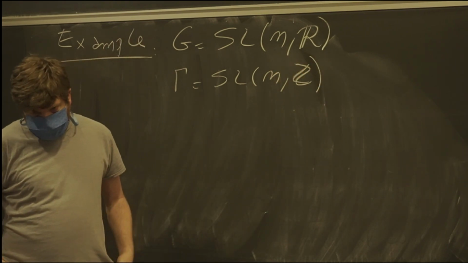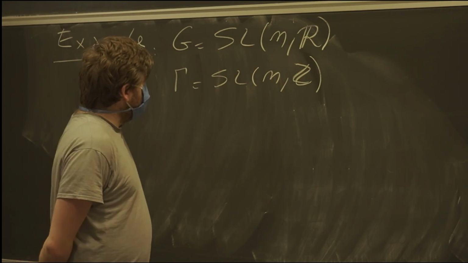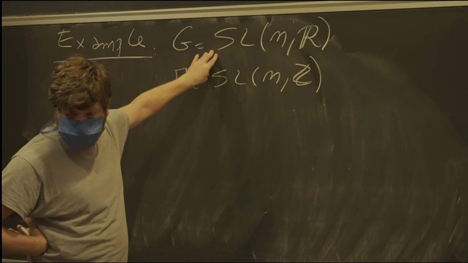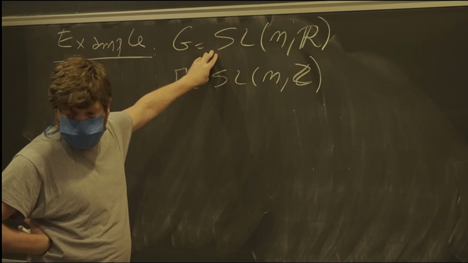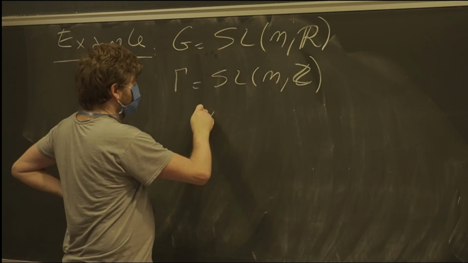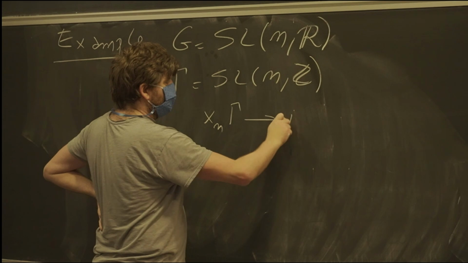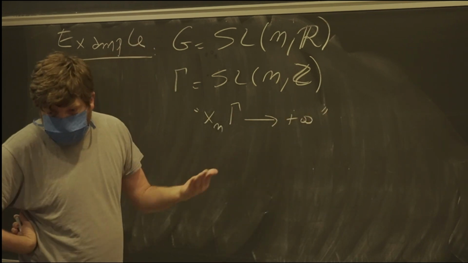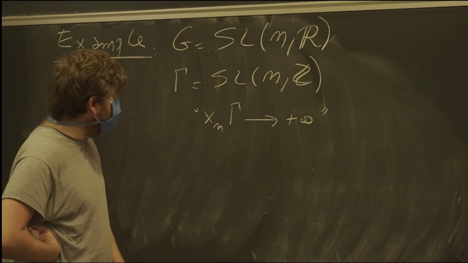So this is a non-co-compact lattice. It's not really very hard to show. I again leave it as an exercise to you that this is not co-compact, so the quotient is not compact. You have to find a sequence of points such that x_n gamma goes to infinity, whatever it means. So what it means is not convergent. You can essentially make sense of going to infinity. It's not really hard.